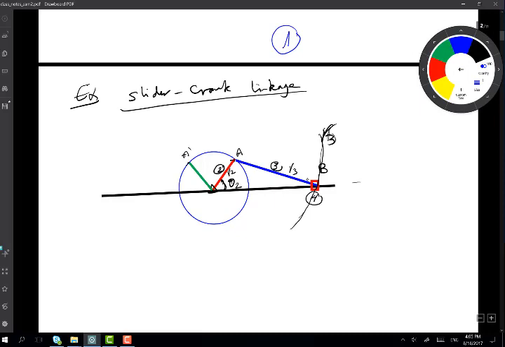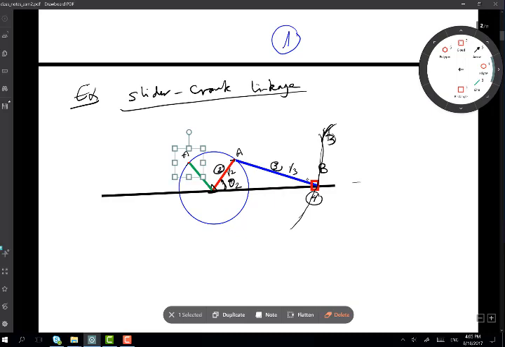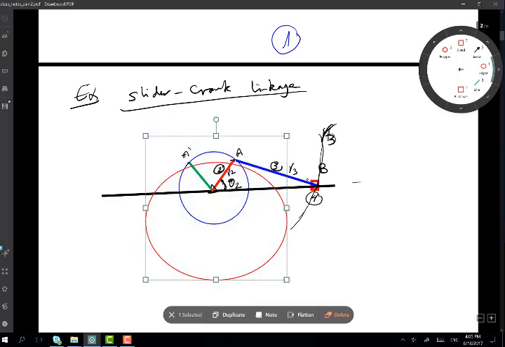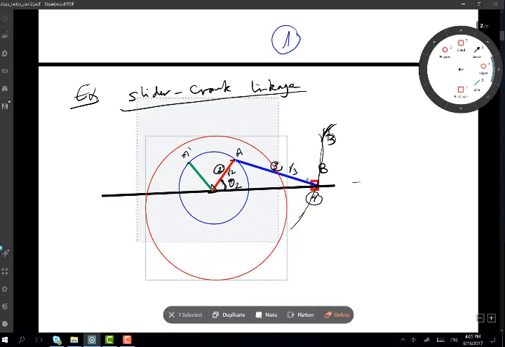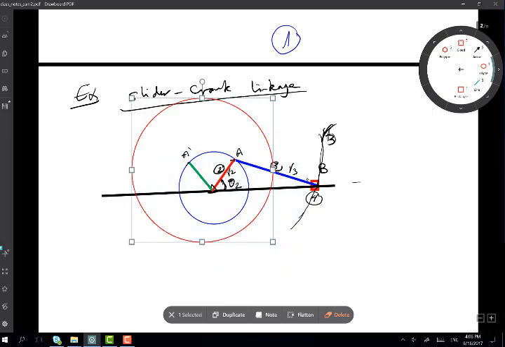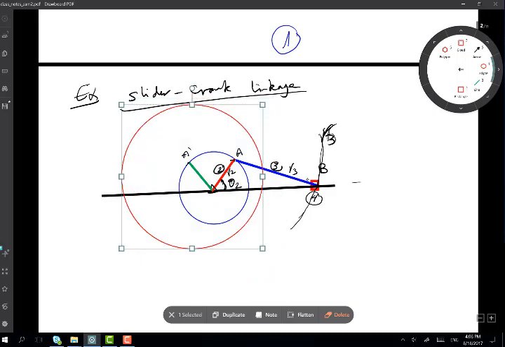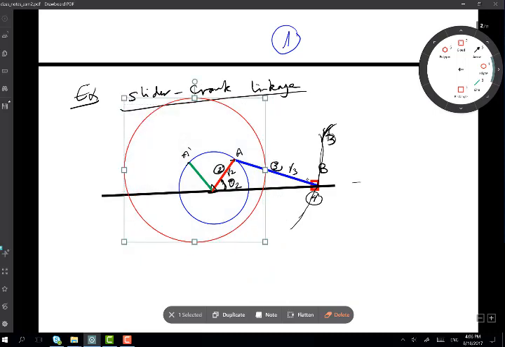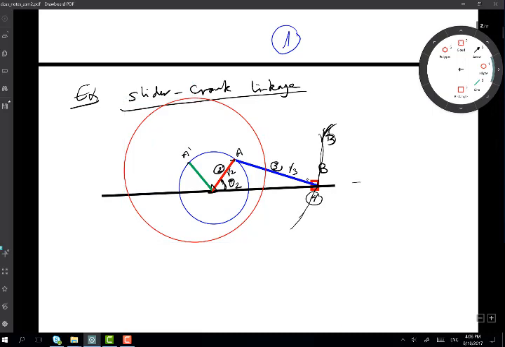This will require some manipulation on my part just to make it look like a circle. The radius of the circle is equal to R3, and the center of this circle is A prime.